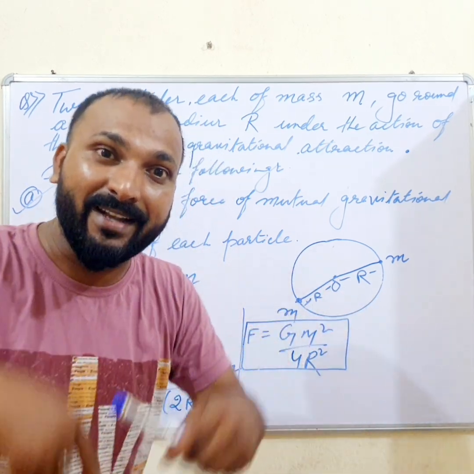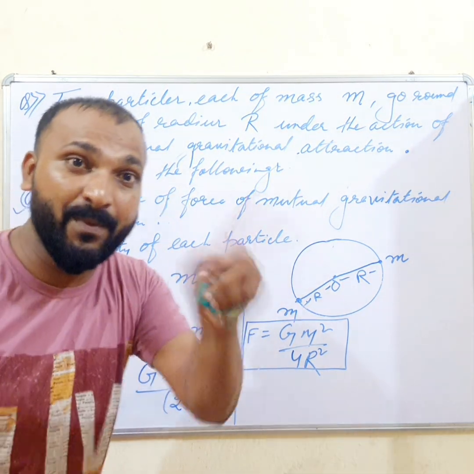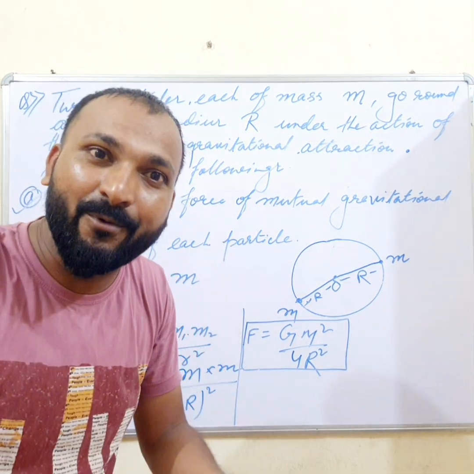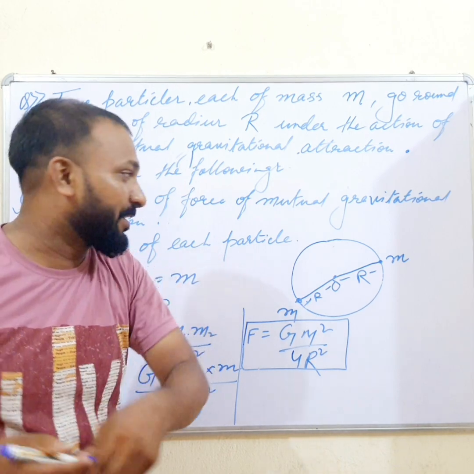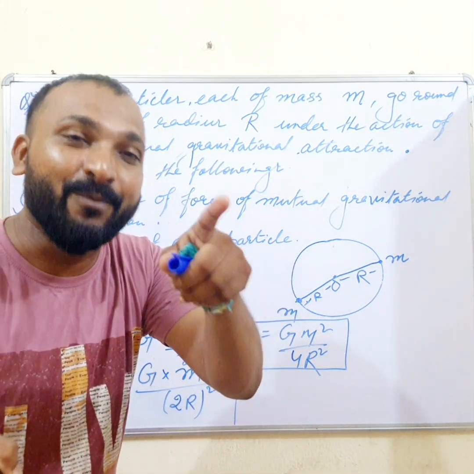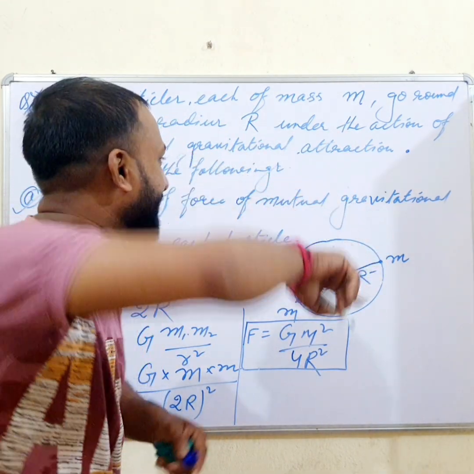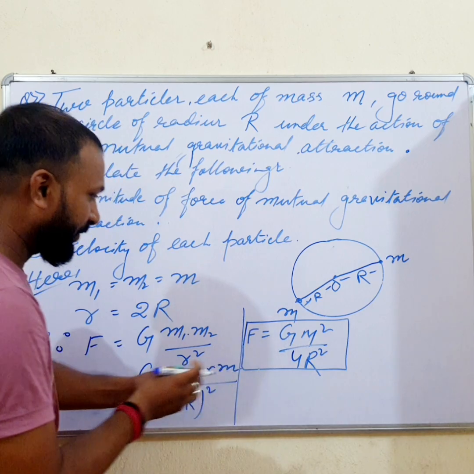So ultimately we can say that this force of attraction must be equal to the centripetal force, and the centripetal force is equal to mv square by r, if v is the velocity attained by the particle when rotating in a circular track.